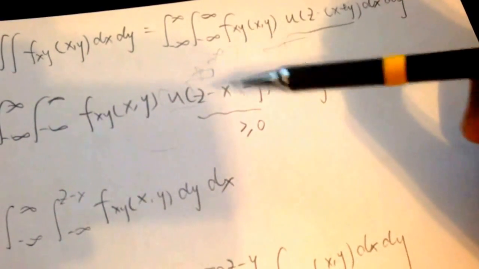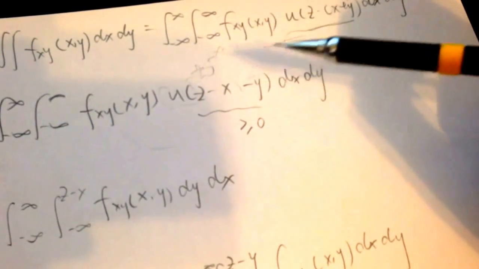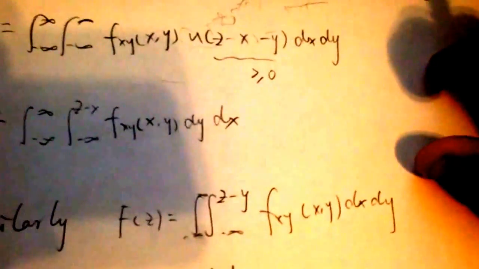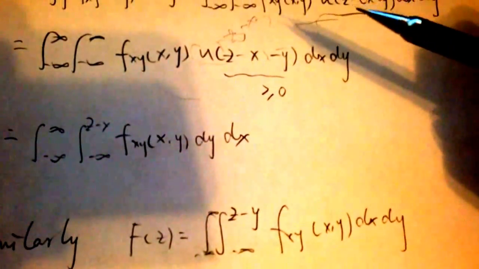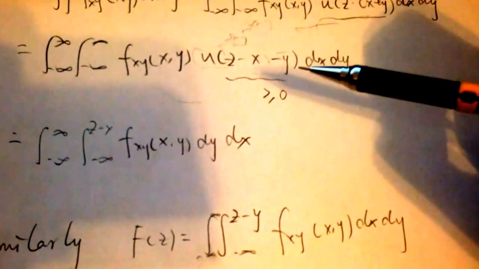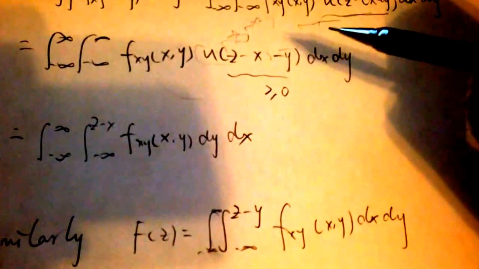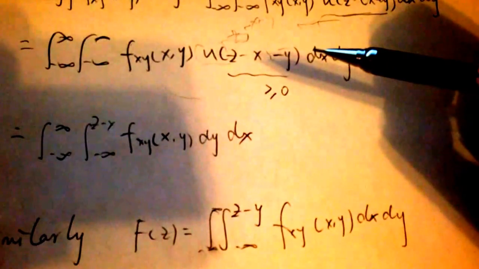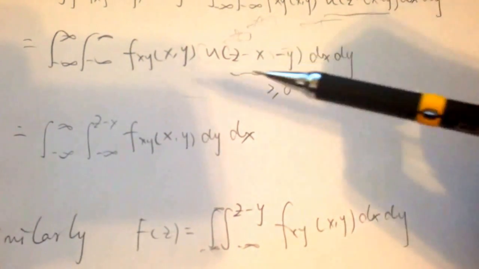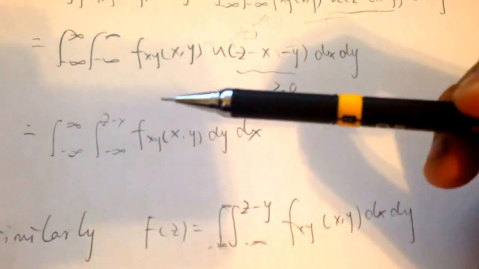So this is also the region of integration in this question. Here we rewrite this because we already know the region is when y is less than z minus x. So when we integrate, y goes from negative infinity to z minus x.